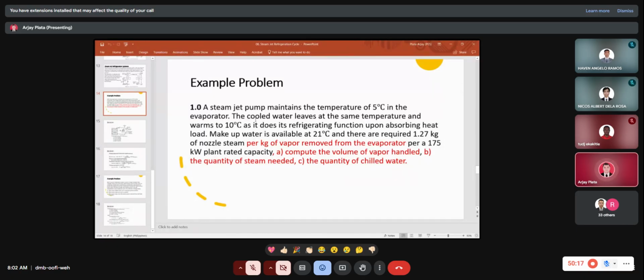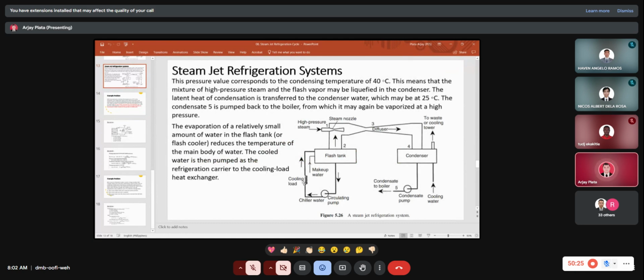So the cold water leaves at the same temperature and warms to 10 degrees, so after absorbing the heat load, from 5 degrees the temperature of the water is now 10 degrees after absorbing the heat load here.